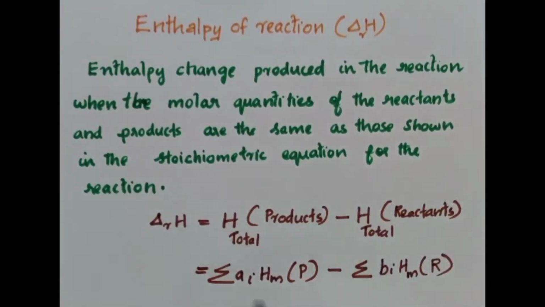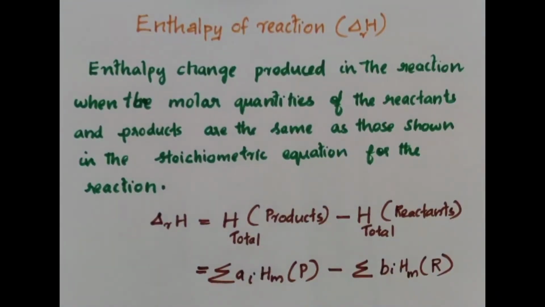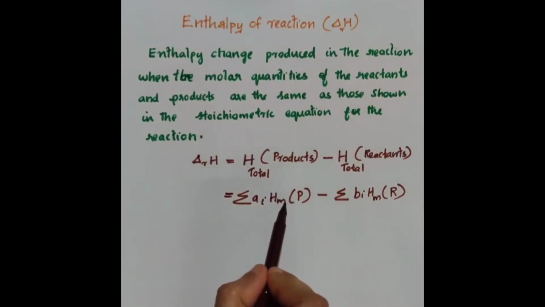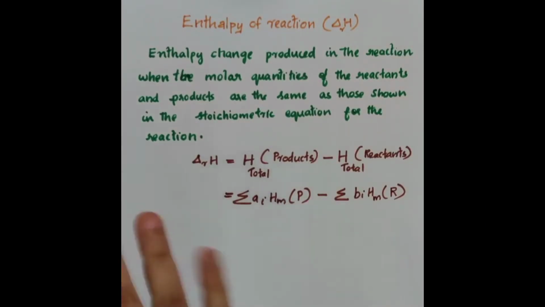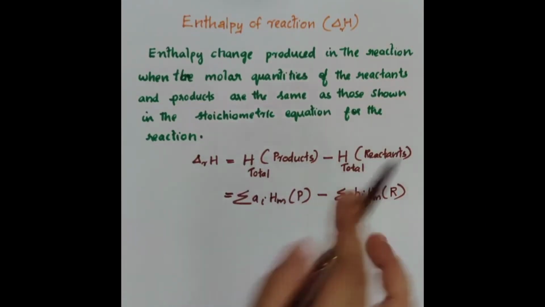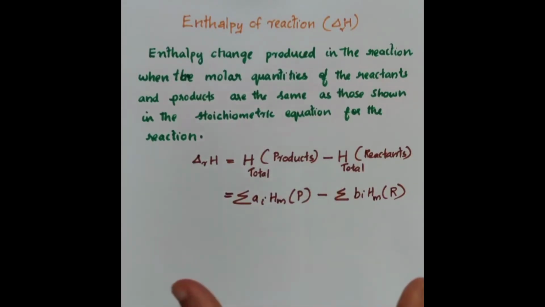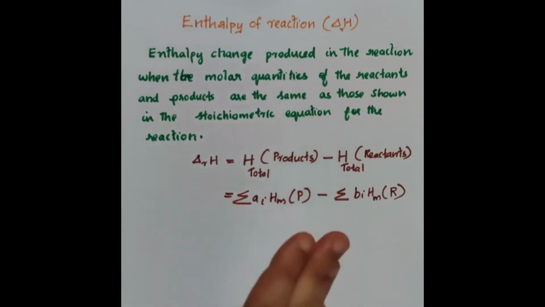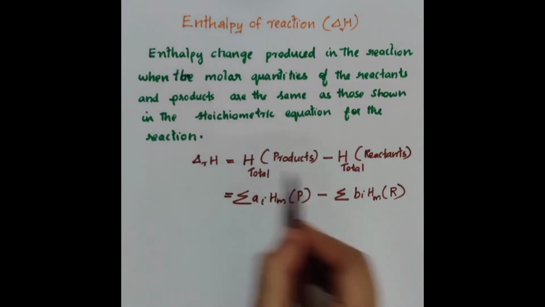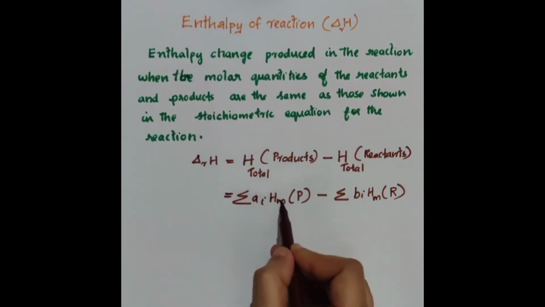What do ai and bi represent? The stoichiometric coefficients of the products and reactants respectively, the numbers in a balanced chemical equation. HM represents the molar enthalpy term of the concerned species.